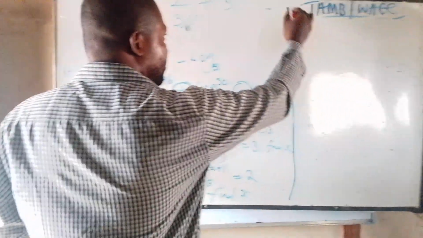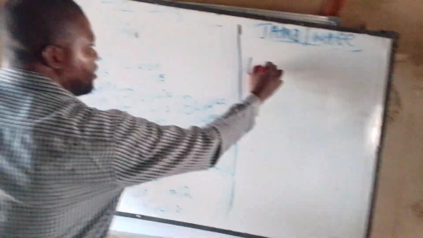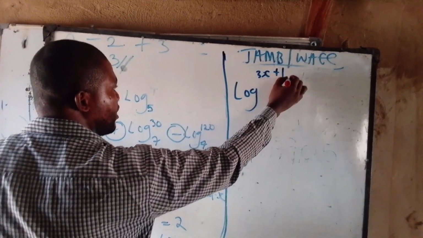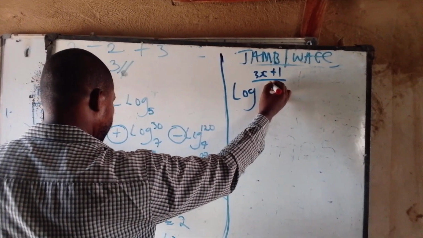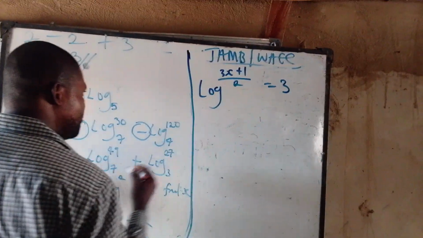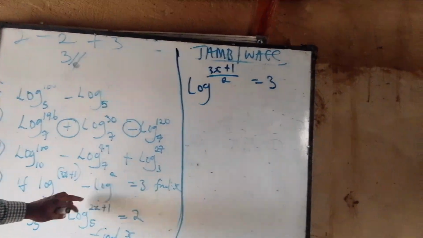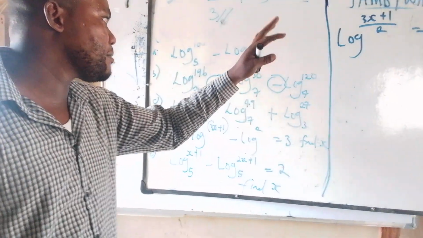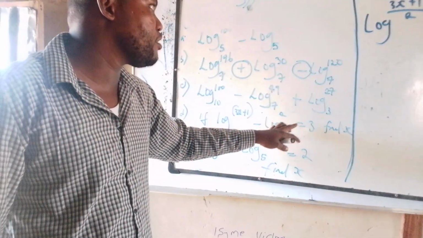What will I do at this point? I'm subtracting here, so I pick one log: log of (3x plus 1) divided by 2 equal to 3.